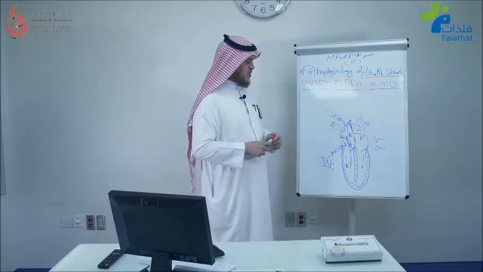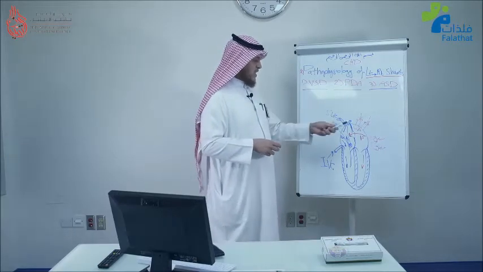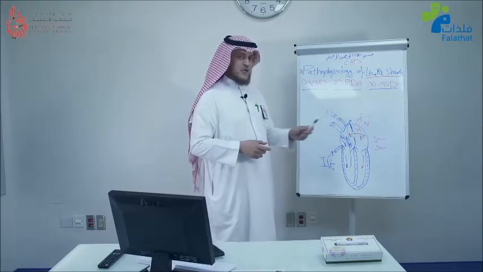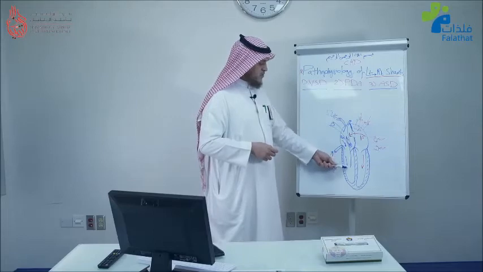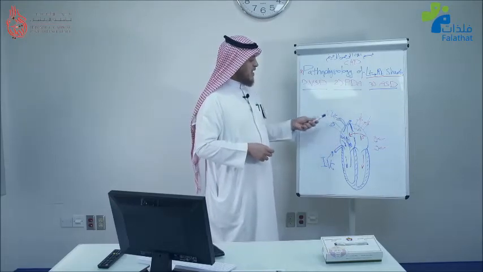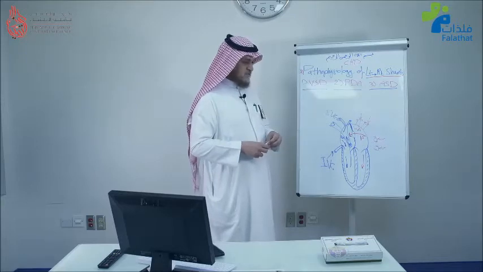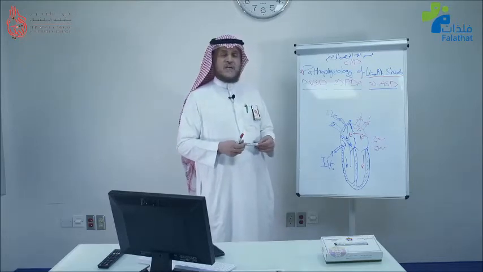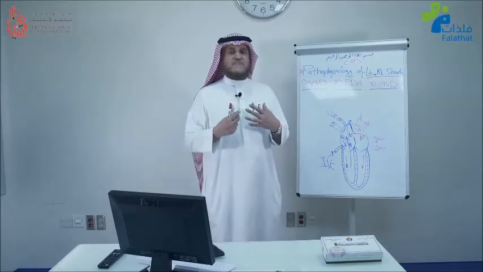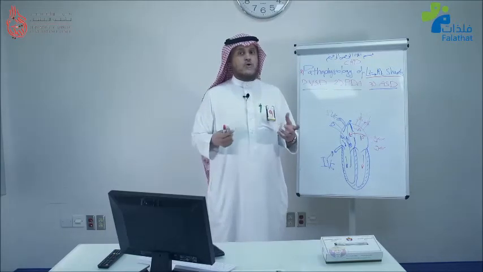So a feature in left to right shunt of the ASD is dilatation of the right atrium, dilatation of the right ventricle, and dilatation of the main pulmonary artery and the branch pulmonary arteries. Obviously, we will have increased pulmonary blood flow, increased pulmonary vascular markings on the X-ray, or just normal.